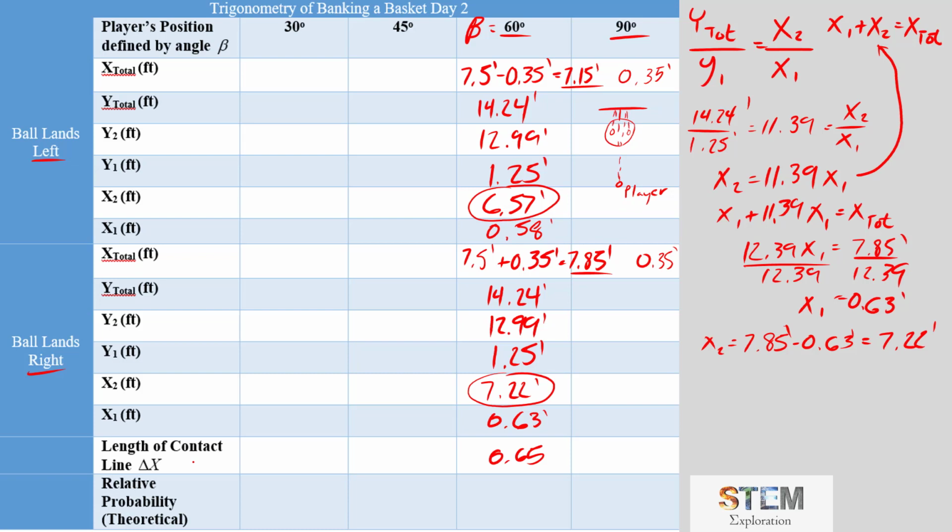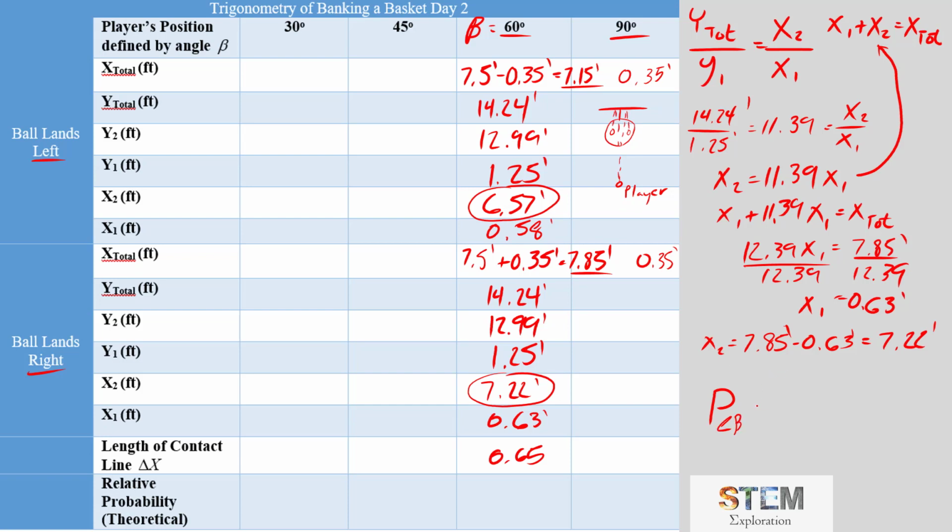But one of the things that we're going to look at here is that when you're looking at the relative probability of banking something, the idea implies that you want to find probability P like you would in algebra. You maybe looked at this based on an angular position of beta.